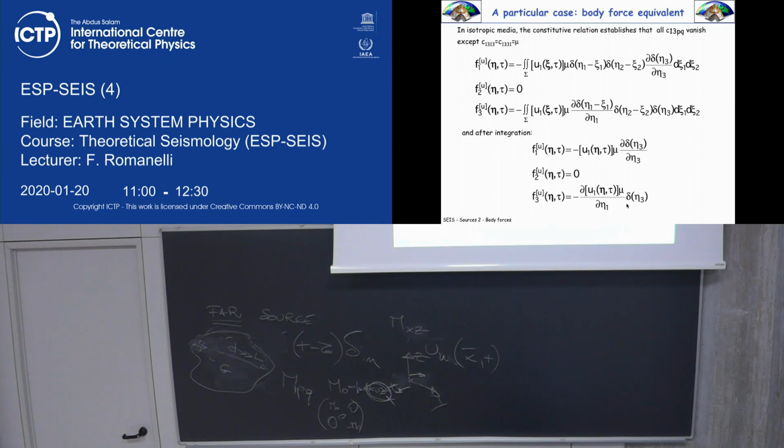What is this? Okay, it's a term related to the derivative of a slip on the fault. It's here along x. So we have a slip field on the fault pointing along x, and we have to compute its derivative times mu times a force along z.